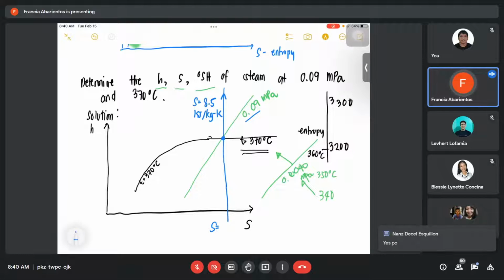You can use the ruler kung hindi nyo. Yung 8.5 sa taas. Kasi ang pinakamadaling makuha is the vertical line, kasi eksakto, class, dun sila nag-meet, ni 370 degrees Celsius and 0.09 megapascal.